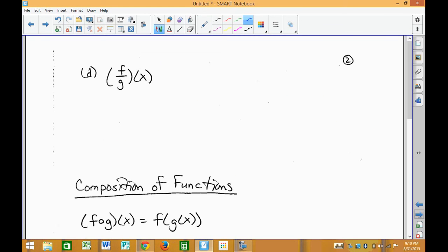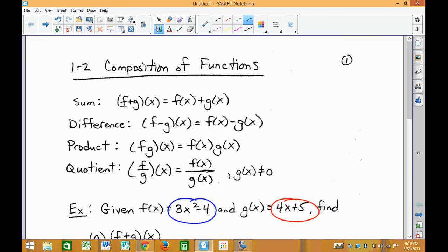Alright, let's finish up by multiplying. I'm sorry, I said multiplying. By dividing f and g. So f divided by g of x is f of x divided by g of x. Okay, so if I go back, I can see what f and g are.